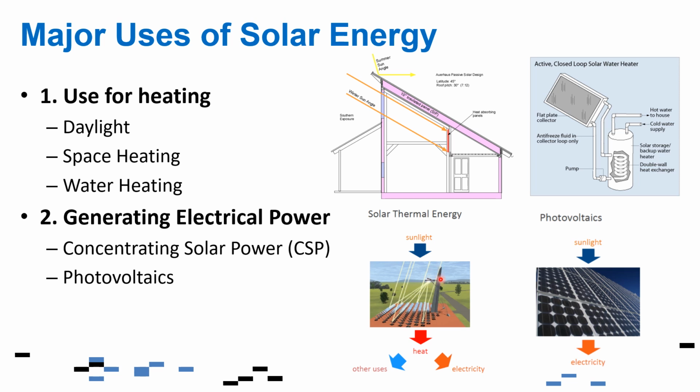The heat generated from the fluid is used to generate steam, and the steam will power the turbines. In the next few slides, we'll talk about the details of each of these ways of energy generation.